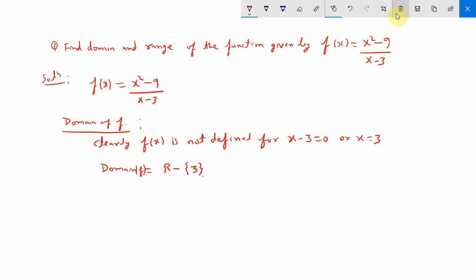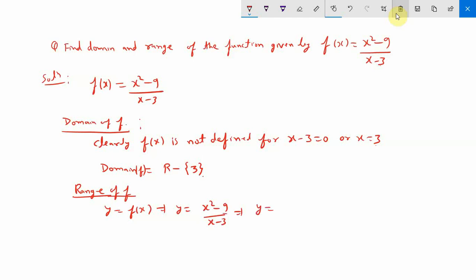Next, in order to find range of f, okay, we will assume y equal to f(x), and from this y equal to f(x) is given as (x square minus 9) by (x minus 3). So we will try to express x in terms of y.